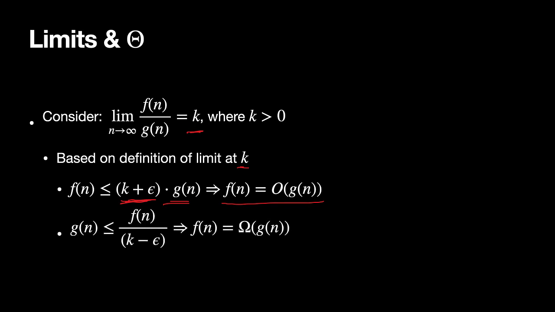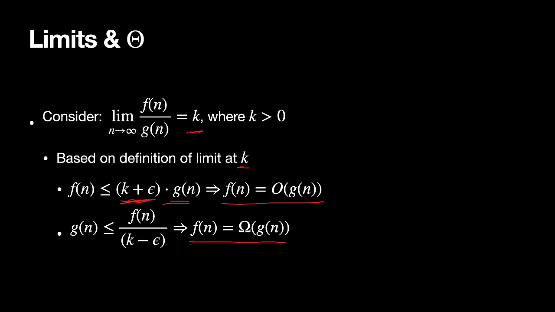Also, based on the definition of a limit at a constant, we know that g is going to be less than or equal to our function f over k minus epsilon. And again, this is equivalent to our definition of big omega.